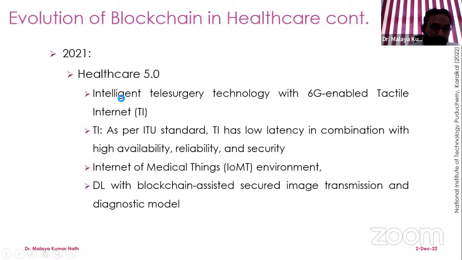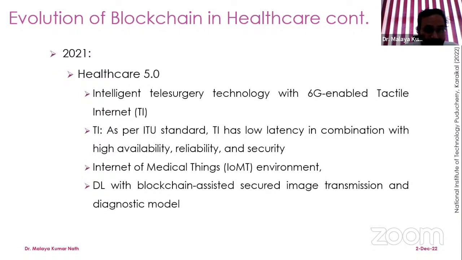If we look into the ITU standard, this tactile internet has low latency in combination with high availability, reliability, as well as security. Whenever we are talking about telesurgery, it involves continuous video streaming, and the robot is doing the surgery under the supervision of an expert, who may be present at some distant location.